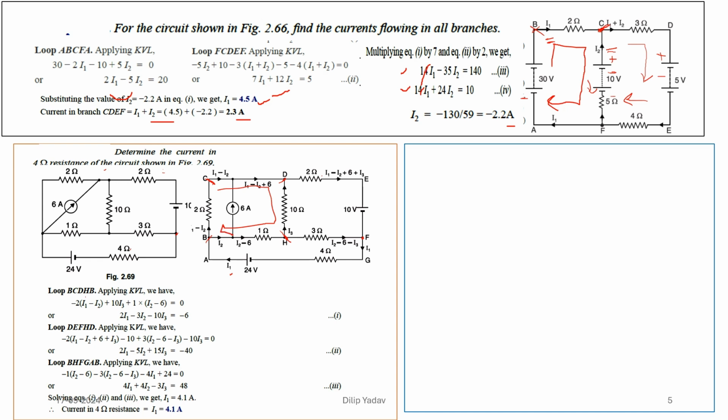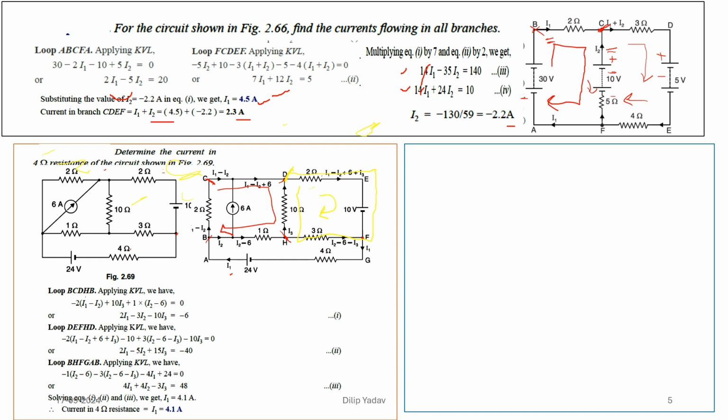Another loop that we are taking is D, then E, then F, then H, and then D. That means this is the second loop that we are taking.